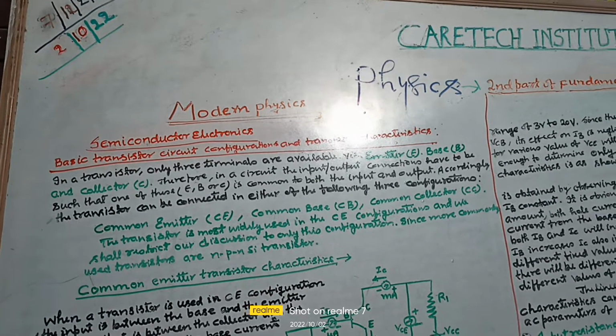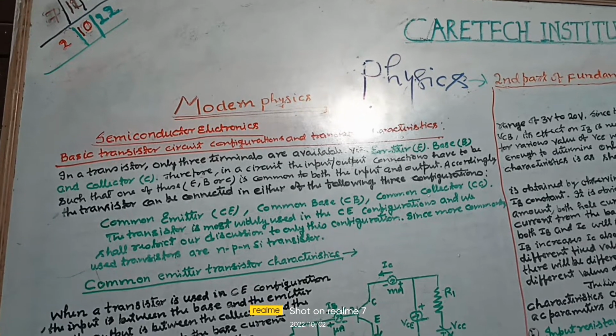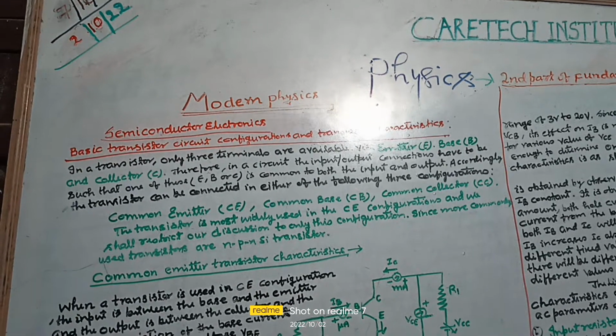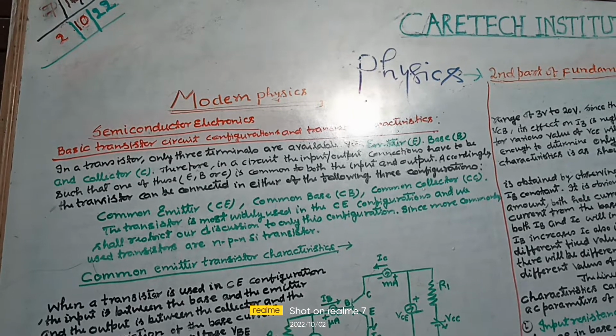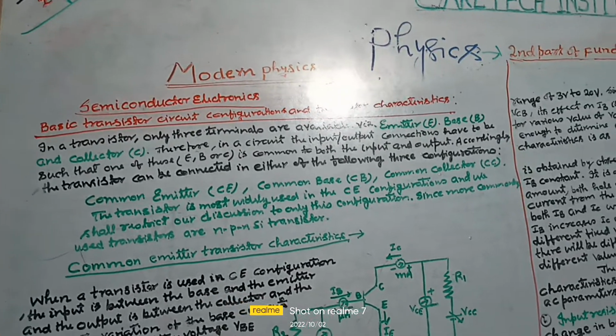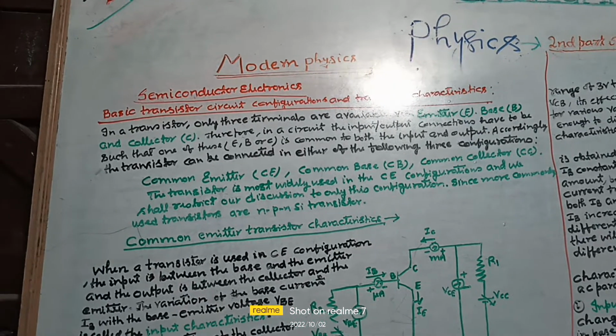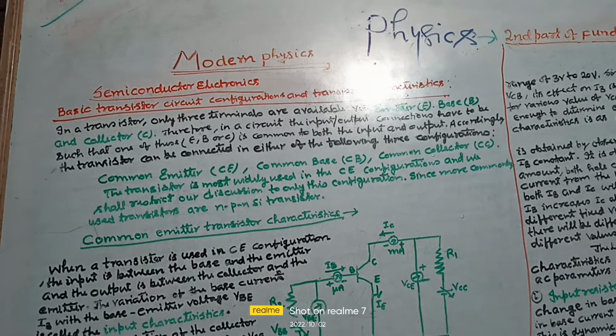Therefore, in a circuit, the input-output connections have to be such that one of these is common to both the input and output. Accordingly, the transistor can be connected in either of the following three configurations: common emitter, common base, common collector.